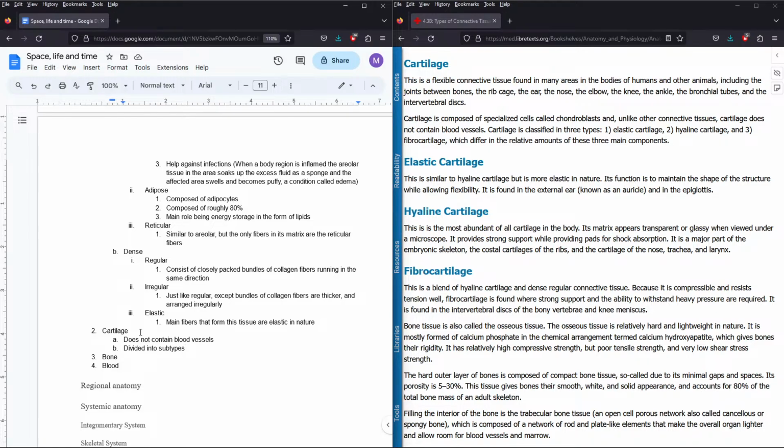The continuity, that's too much. I can barely handle one thing. Elastic cartilage, which, wild guess, will be elastic. Hyaline, no guesses to that one. And fibrocartilage.